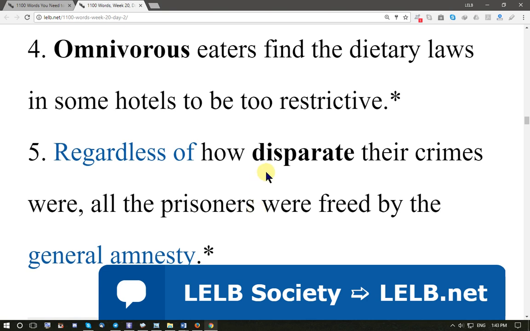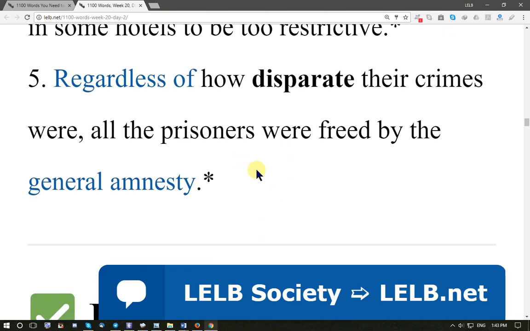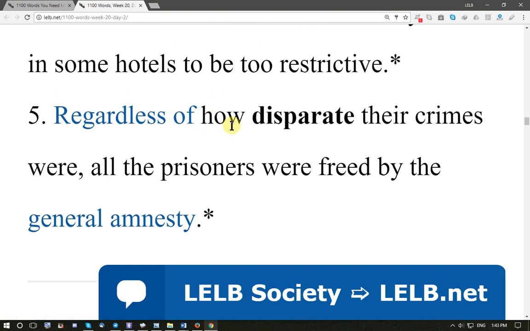Regardless of how disparate their crimes were, all the prisoners were freed by the general amnesty. Regardless means irrespective of, how disparate their crimes were, how various and different, all the prisoners were freed, or exempted, exonerated, acquitted by the general amnesty.